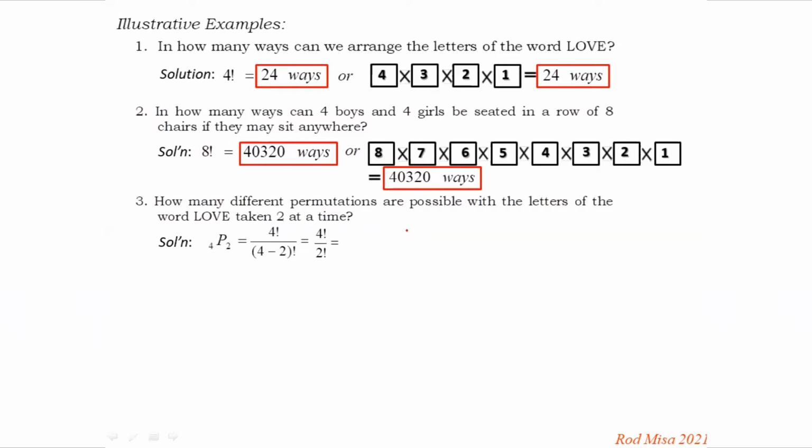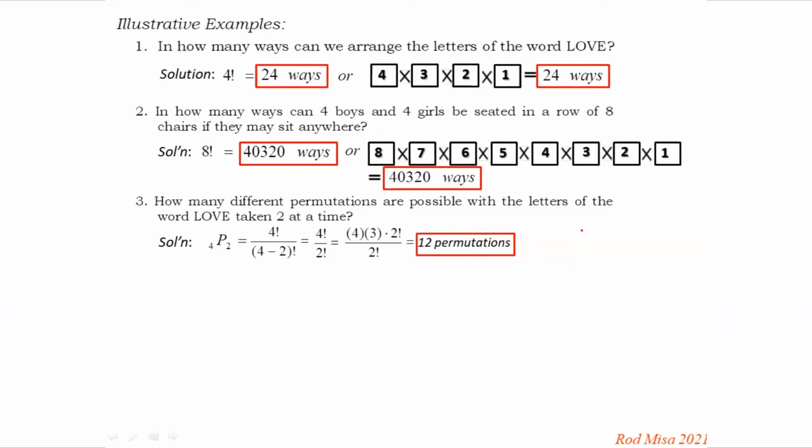And 4 factorial is equal to 4 times 3 times 2 factorial because 2 factorial is 2 times 1. And why is it that I'm doing that? So that I can cancel it from the denominator. So canceling those 2, we are left with the product of 4 and 3. And our answer is 12 permutations or 12 arrangements.